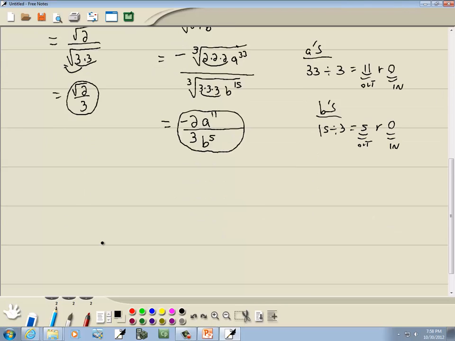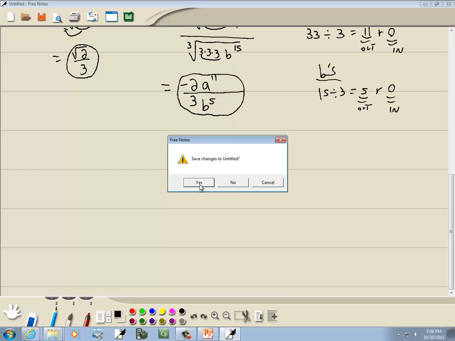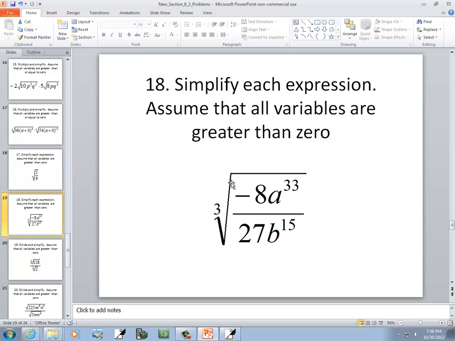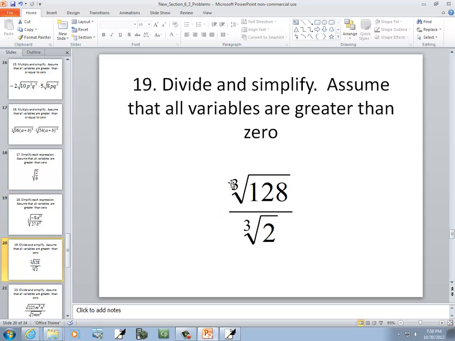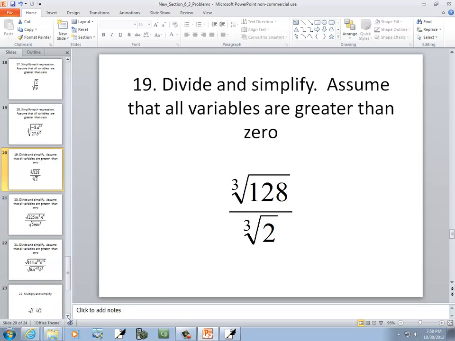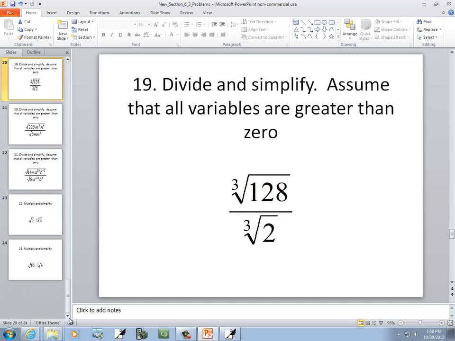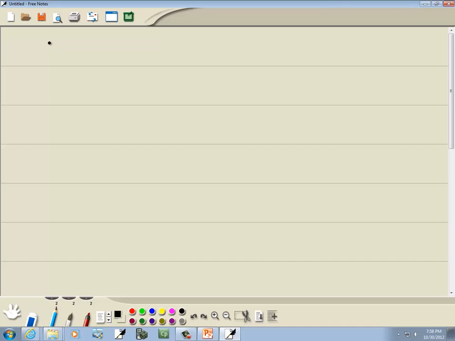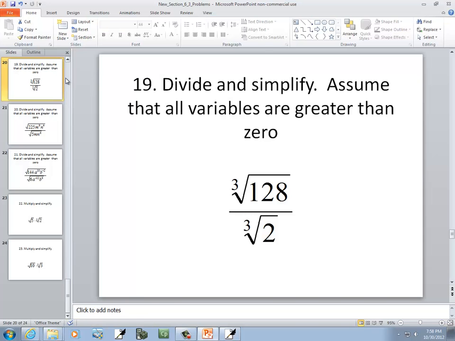Let me start a new page. And let's take a look at this one. Got the cube root of 128 over the cube root of 2.